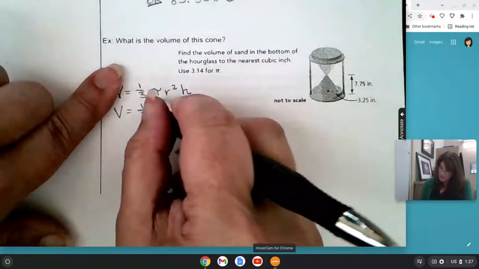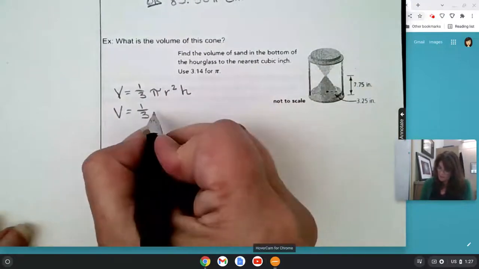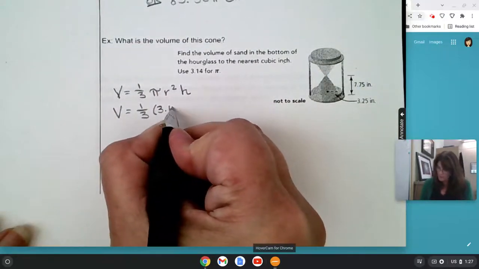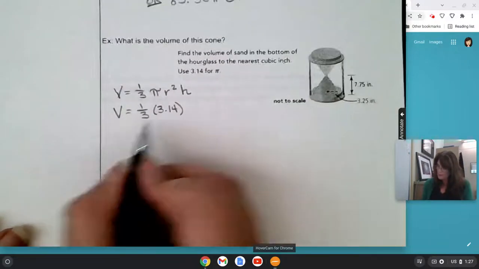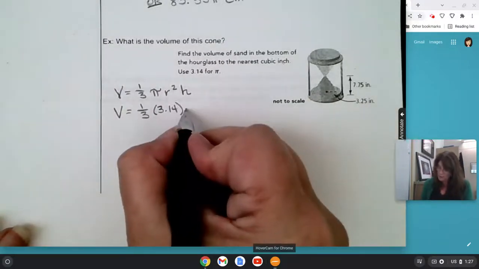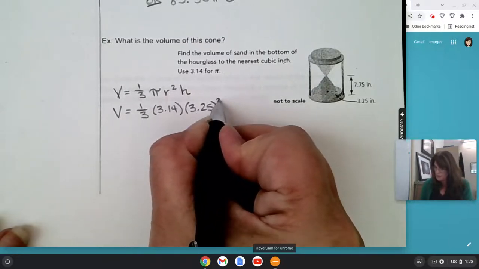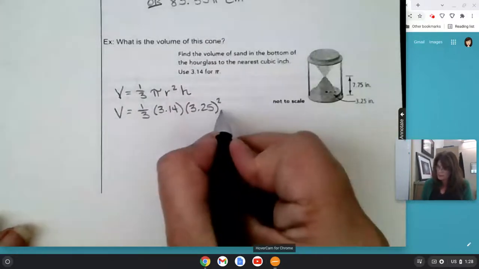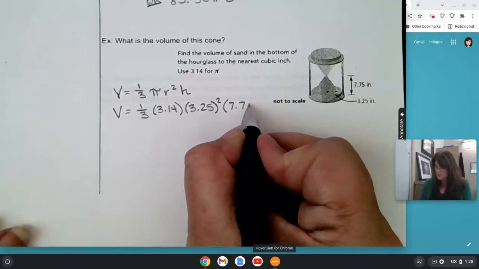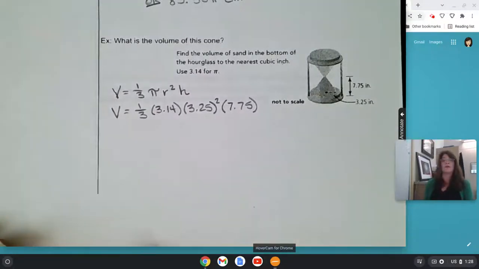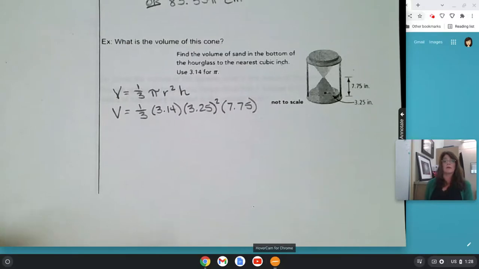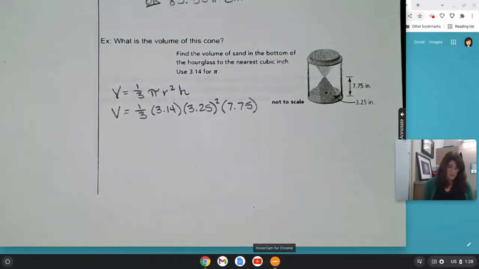They asked us to use 3.14 for pi. Radius squared, 3.25 squared. Height, 7.75. Again, we're going to be very thankful for calculators today. Order of operations says I need to do the exponent first.